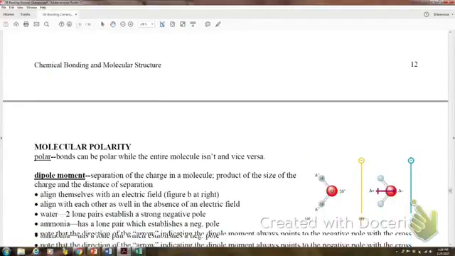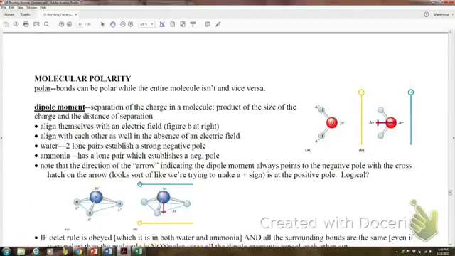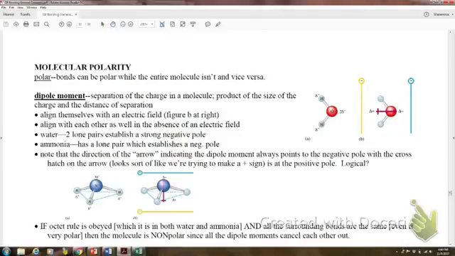And so remember, a dipole moment is the separation of charge where you get the slightly positive and the slightly negative ends of a molecule. And it's based upon the way that they're sharing the electron. So let's look at water right here, because water is polar. We know that the oxygen gets the electron more because it's more electronegative.